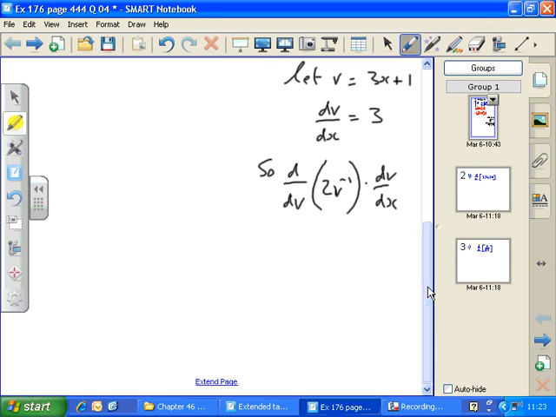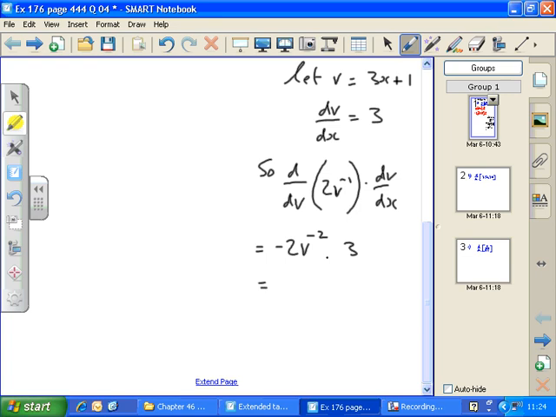So we have that this equals, the differential with respect to v of this is minus 2 v to the minus 2 times dv by dx, which is 3.